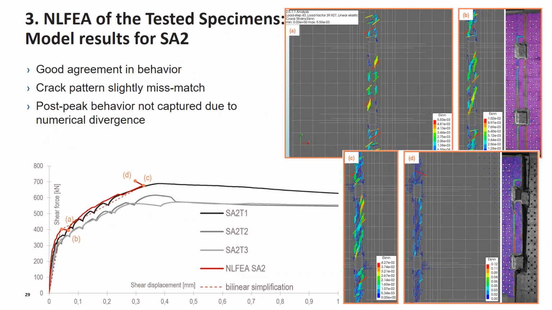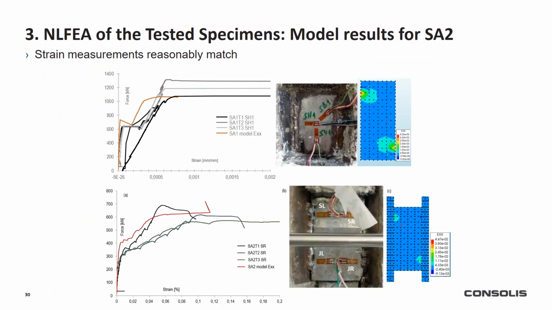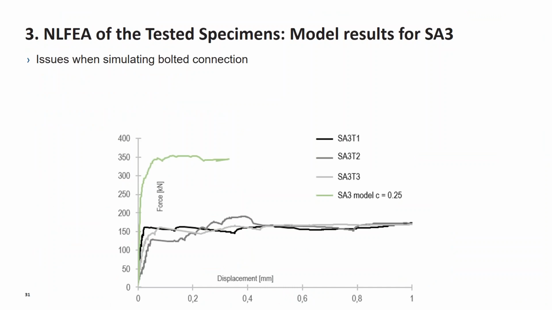We observed that the casting conditions for the third specimen were poor compared to the first two. And here we had quite a low, unexpected experimental result.